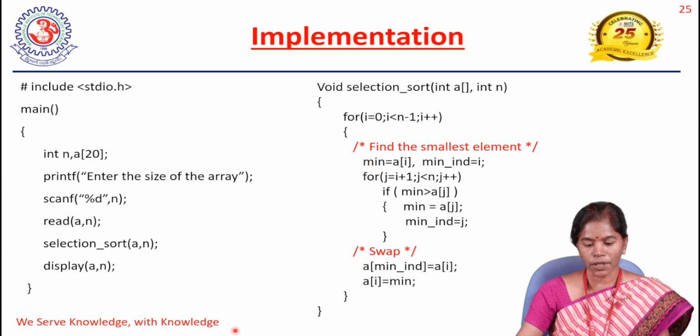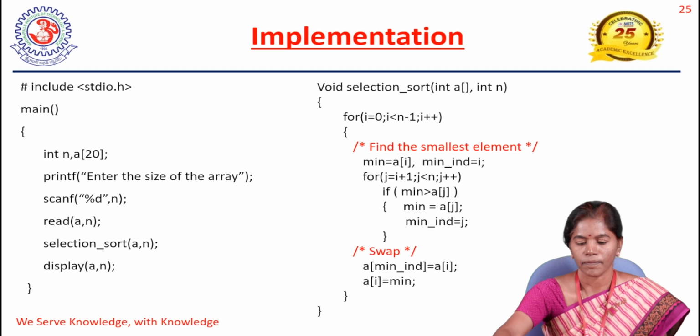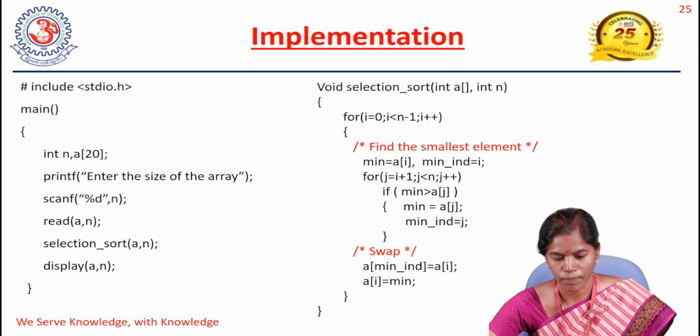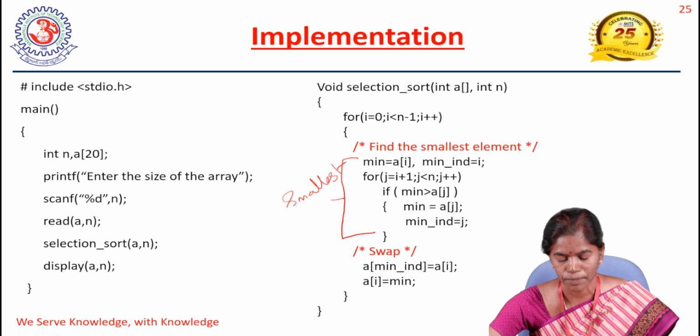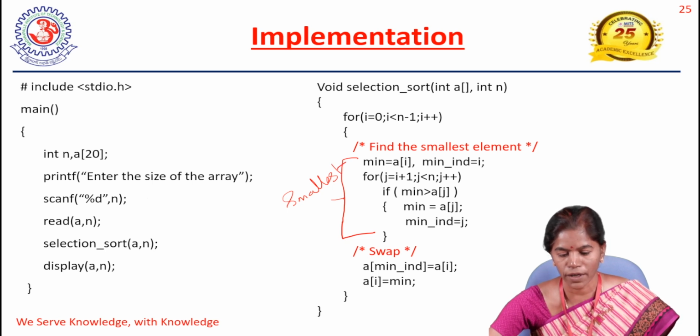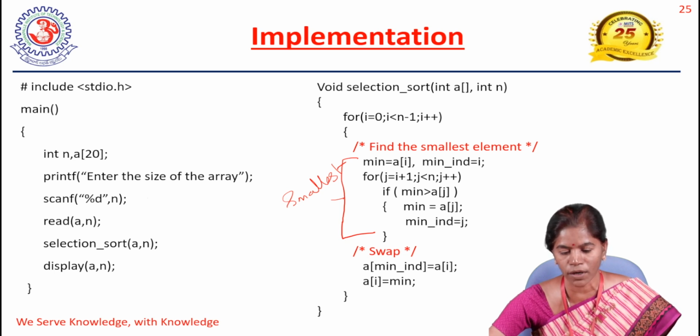So this entire step, from here to here, finds the smallest element. Once we find the smallest element, it has to be replaced with the first element of the unsorted list.